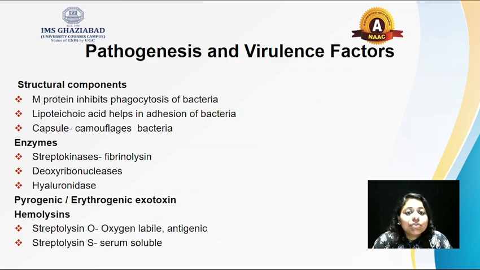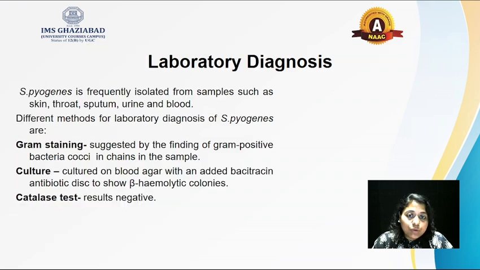In the case of streptococci, the main toxins are streptolysin O and streptolysin S, which are released by the bacteria and have the potential to cause infection in the individual.